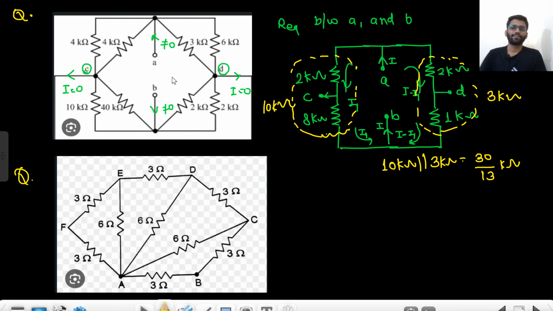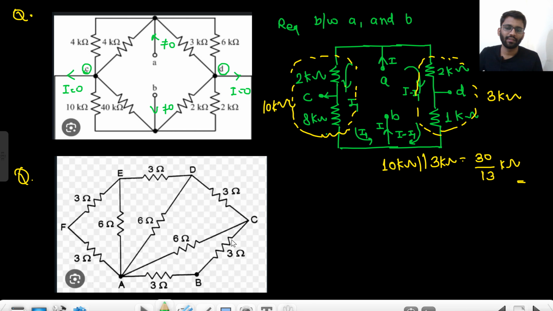Are you getting this point? 4 4 2, 10 4 8, 8 and 2 10, here 2 plus 1 3, and both of them have different currents. This is having I1 current, this is having I minus I1 current, so both of them are in parallel. So basically 10 kilo ohm parallel with 3 kilo ohm, so 30 by 13 kilo ohm. Are you getting this point? Well and good. Okay, now try solving this on your own.